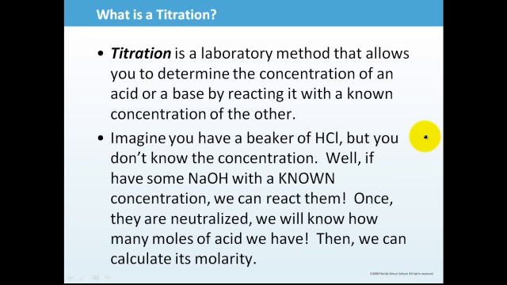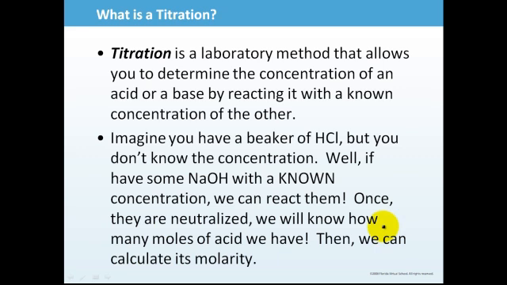Okay, so let's say, just for an example, you have some hydrochloric acid and you have no idea what concentration it is. Well, if you have some sodium hydroxide with a known concentration, say it's like 0.1 molar, then we can go through this process of titration, get to the point where they neutralize each other, and then be able to do some calculations based on that.